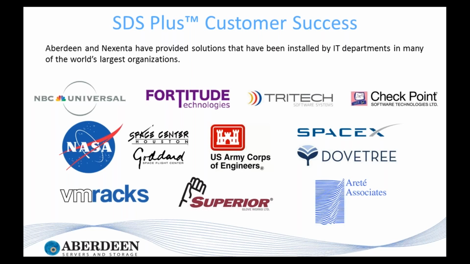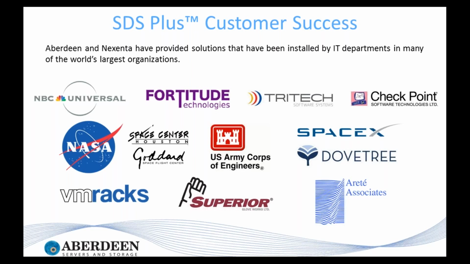Also, Fortitude Technology is a hosting company, as you may be aware, and they're using our product for production storage. They have 3 NexentaStor systems currently running at 256 terabytes each, and have had these installed for 3 years plus, still under warranty with us, and running with no problems at the time.